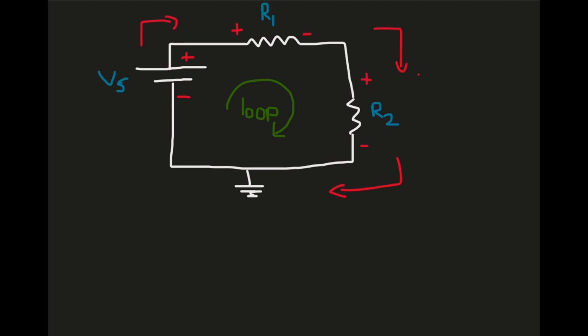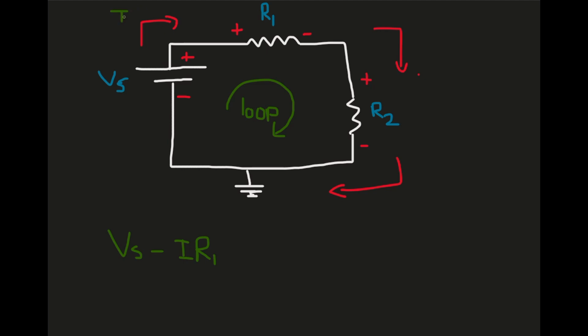To find the equation, we can either go clockwise or anti-clockwise, it doesn't matter, but here we're going to start off from the battery. So Vs goes from a low to high potential, that's going to be positive, so plus Vs. Here it goes from a high to low potential, so it's going to be minus IR1. Now, this is resistance.